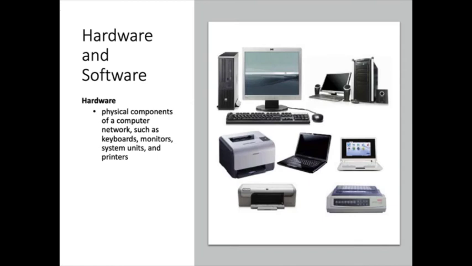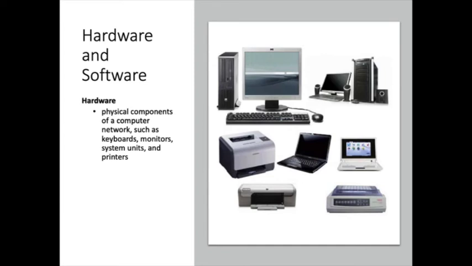We start out then with the distinction that generally speaking, there are two broad categories of components when we talk about information technology, and those two categories are hardware and software.